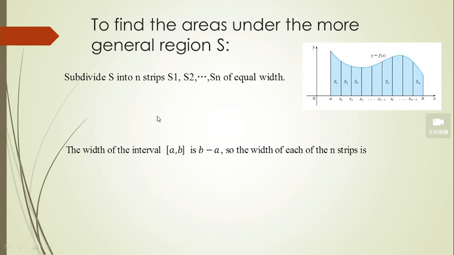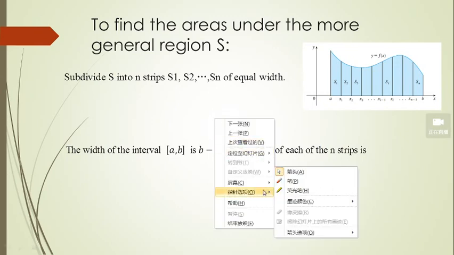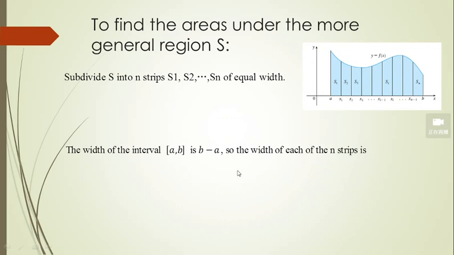The width of the general interval from a to b is b minus a. So how about the width for each strip? Here we divided into n, and since this is the more general case, we didn't specify the number n.